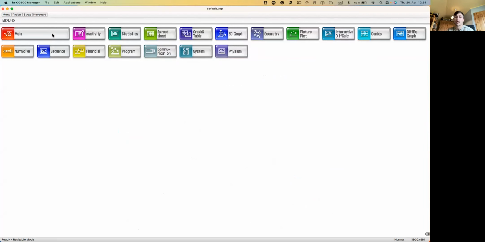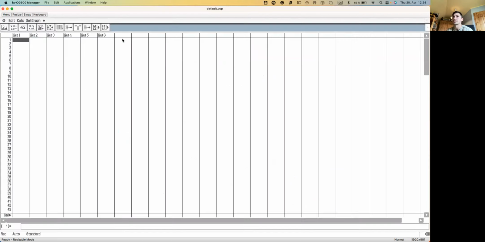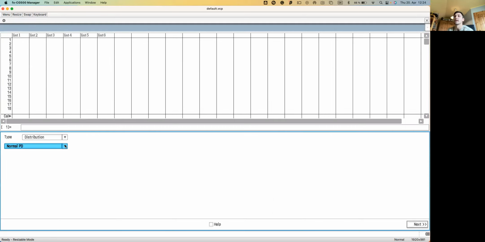Okay, so for this one, we go to the statistics section. I'm sure there are other ways to do it, but this is how I do it. Then I go to calc and then distribution. Then I go to normal CD. Our lower bound was 172 grams, our upper bound was 183, the standard deviation was 6.83 and the mean was 163 grams.